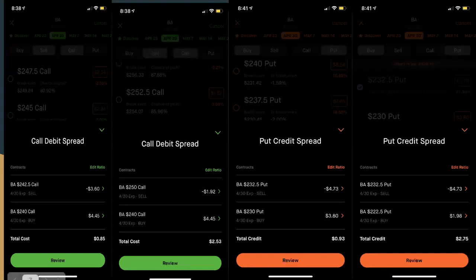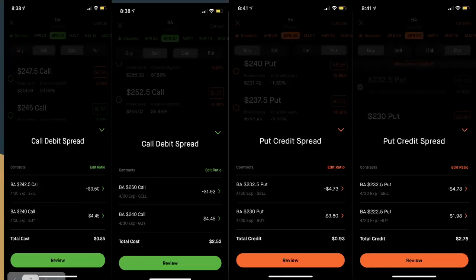But okay, so with this call debit spread, as you can see I'm on the left here, if you're not paying attention, total cost is 85, and as we've gone over, 250 minus 85, your max profit is, hold on, max profit's 165.